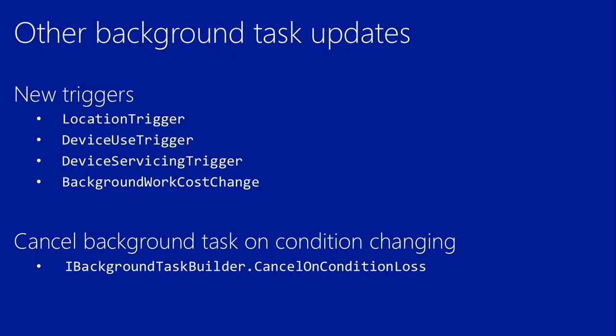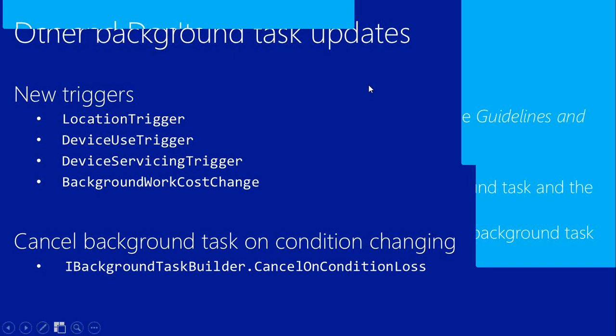You don't have to do anything, you don't have to save the state, or unwind. We will check whether you have implemented cancel on condition loss or not, and if you have, the background task will be cancelled and properly unwound. So these are a few other updates.